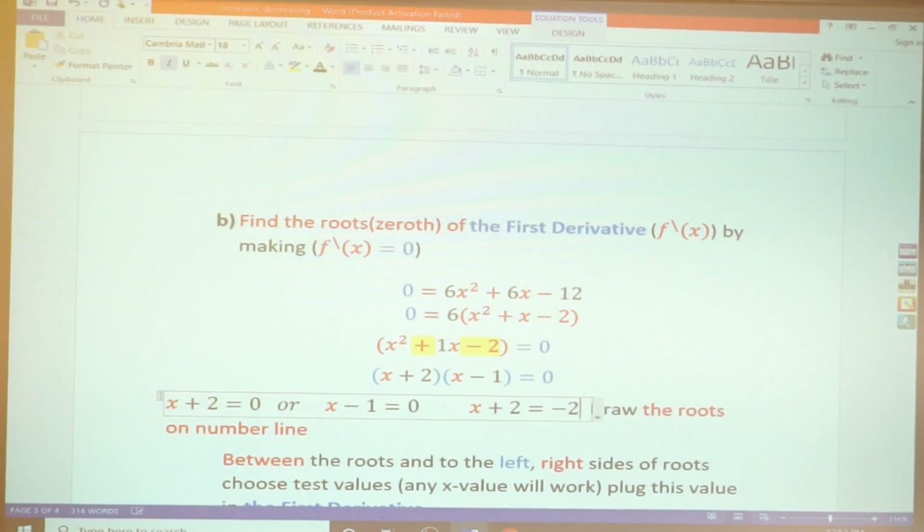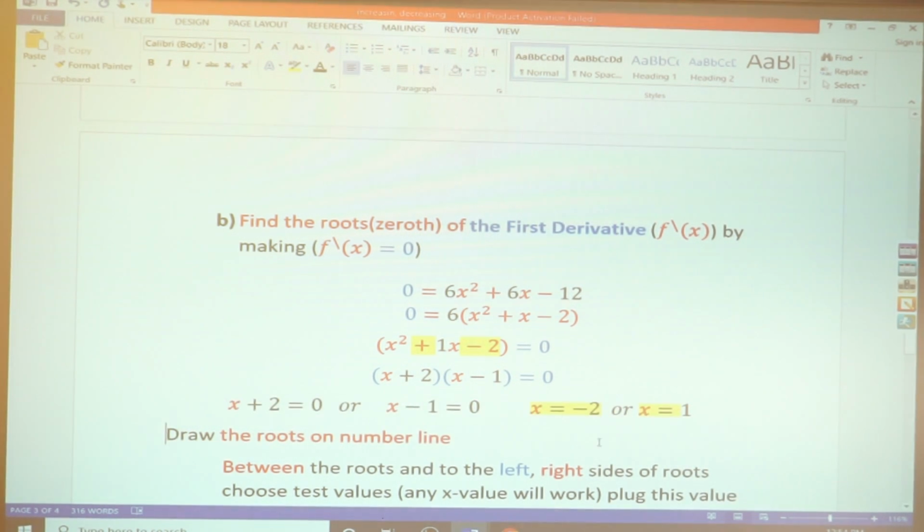When you move the 2 from this side to that side, x equals -2, which is the first value I need. Or x equals 1. Then I'm ready for the third step.